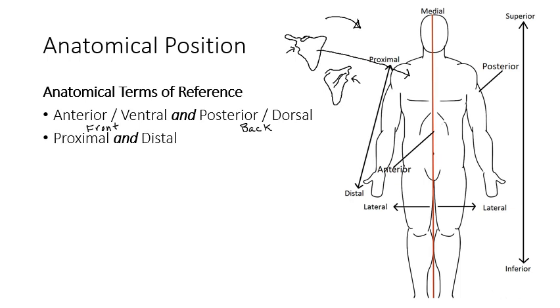Proximal and distal. So a couple of other terms. Proximal means closer to the head, whereas distal means further away. So if we're looking at, say, I'm going to try and draw a humerus in here. So our humerus would articulate as such.